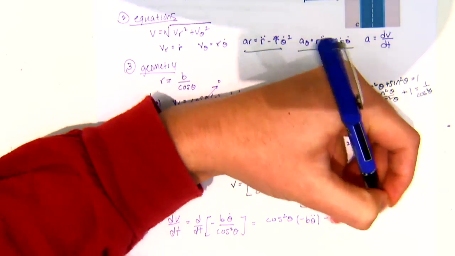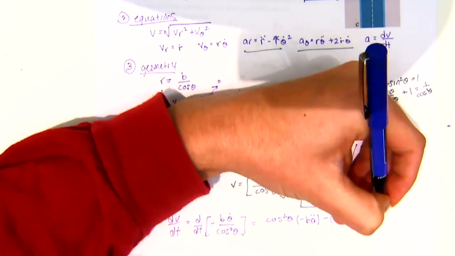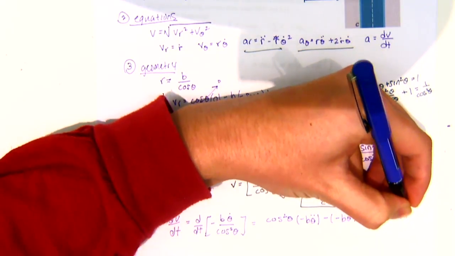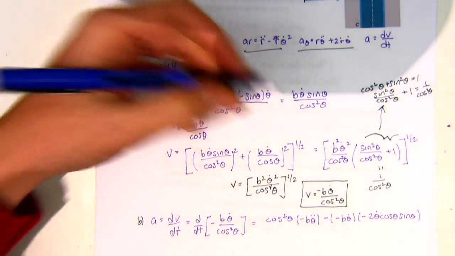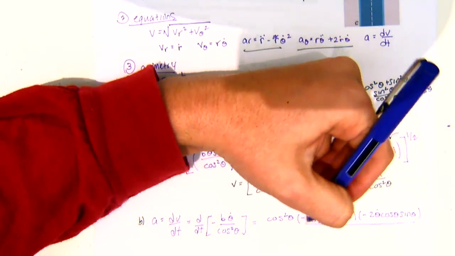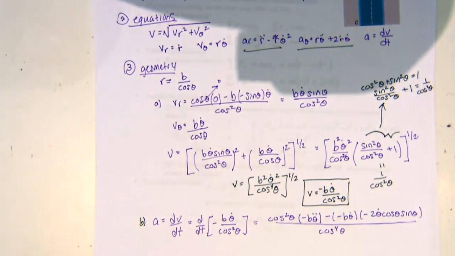That gives me negative 2 theta dot cosine theta times the sine of theta. That's just chain rule. Good? He's not going to give you something this conceptual. He'll give you values. And this is all going to be over cosine to the fourth of theta.